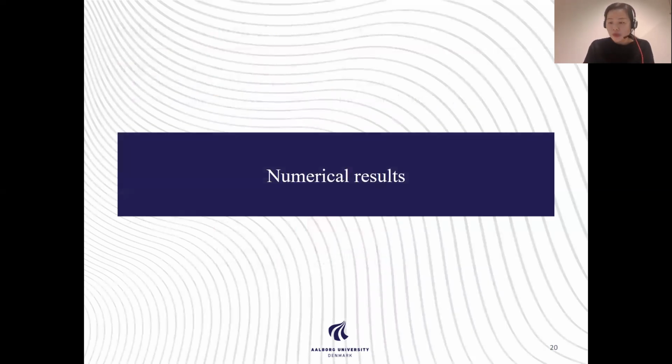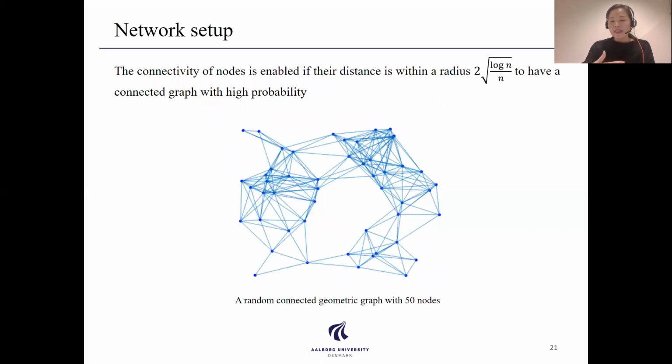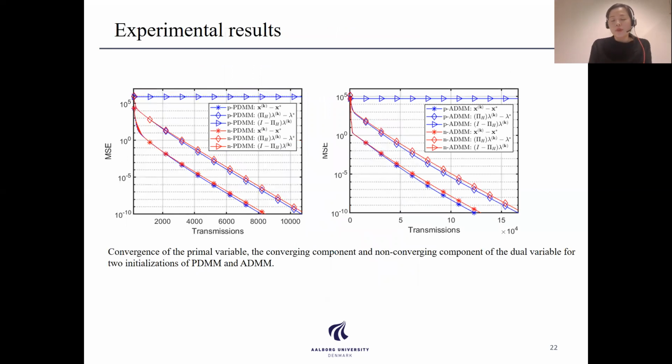Now let's go to the numerical results. We simulate a random graph with a number of nodes, and then we use the proposed PDMM and ADMM to show the performance. Here we can see the blue lines are the proposed approach, and the red lines are the non-privacy-preserving approach, which means that we don't have subspace noise.